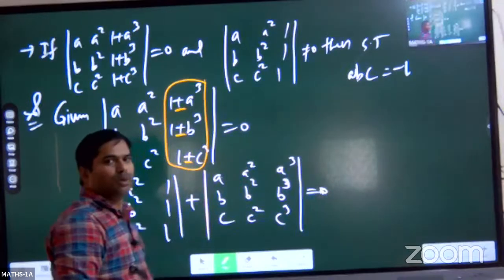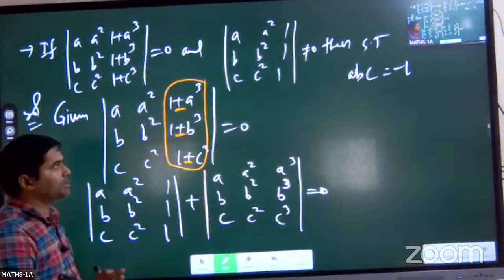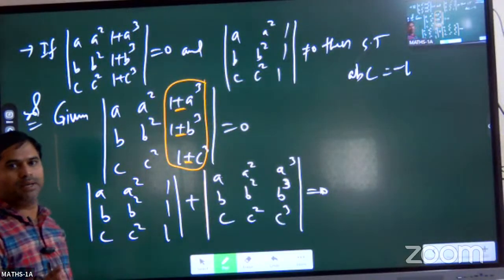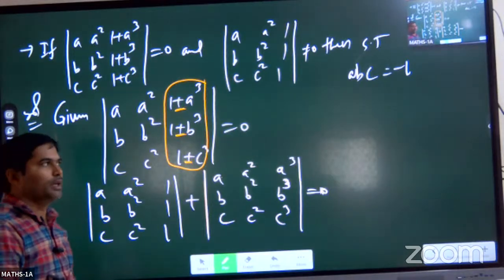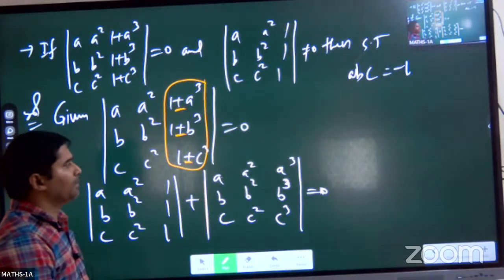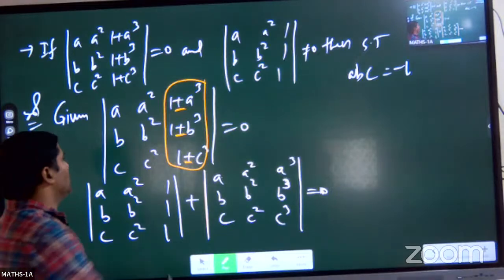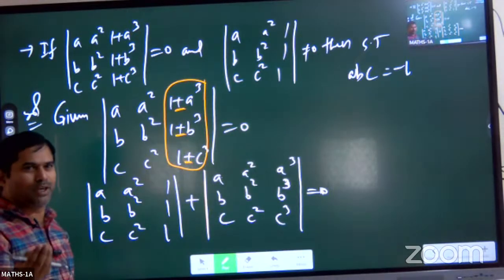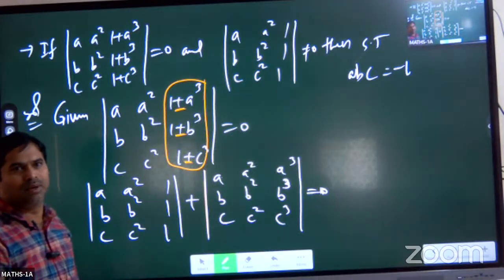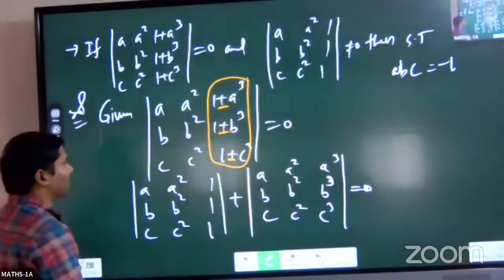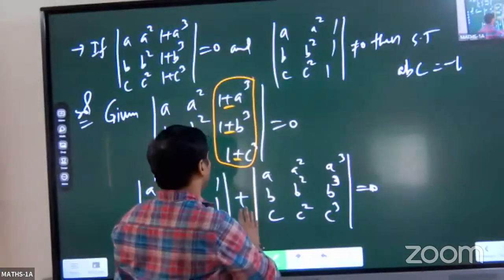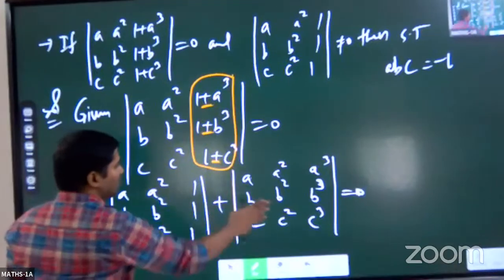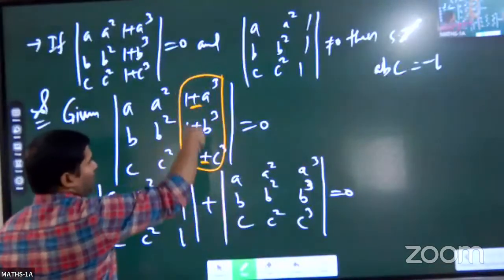Once again, I am telling you, according to the determinant properties, split the determinant into sum of two determinants if at all you are having sums of elements. See, these simple small things, if you know them a little bit, easily you can do in exam without any confusion. Is it clear? Yeah, after doing this separation, I split the whole one determinant into sum of two determinants by splitting your third column.